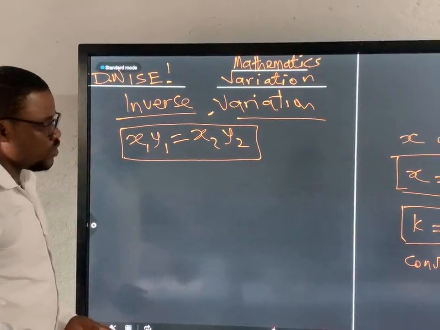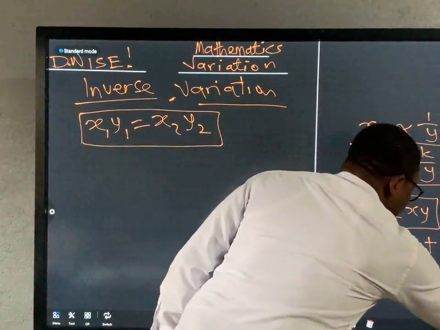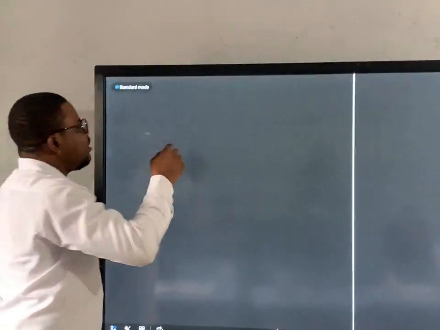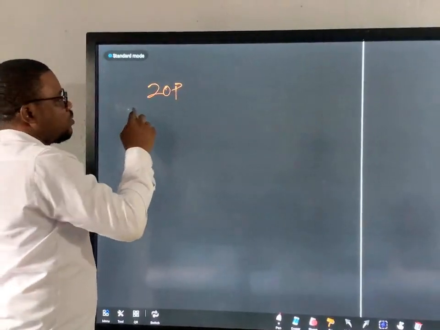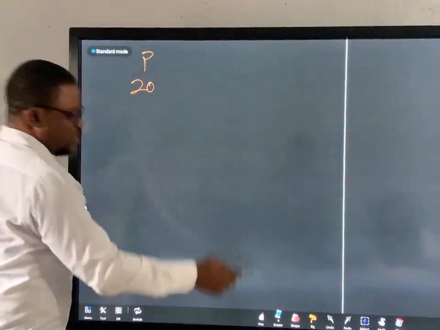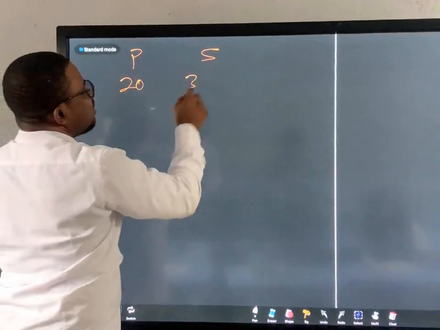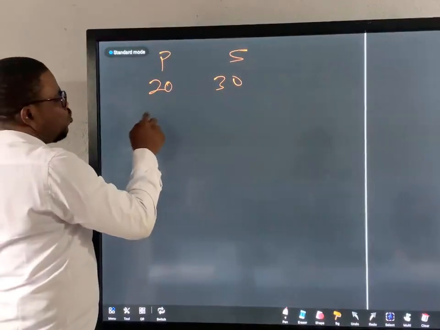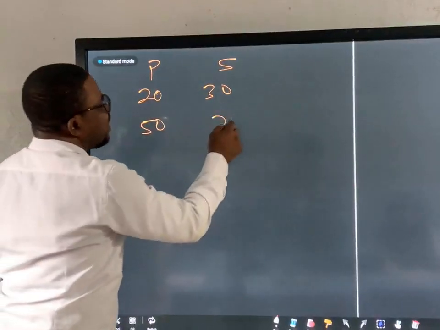Now look at this. Let me give you a simple question. If it takes 20 people 30 seconds to do something, and I increase the number of people to 50, what would the time be?